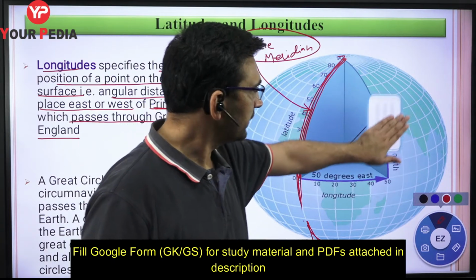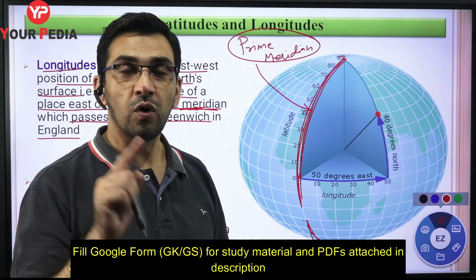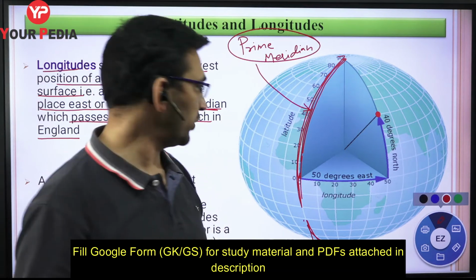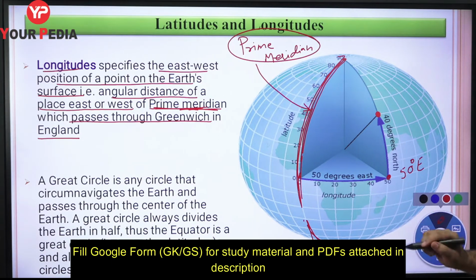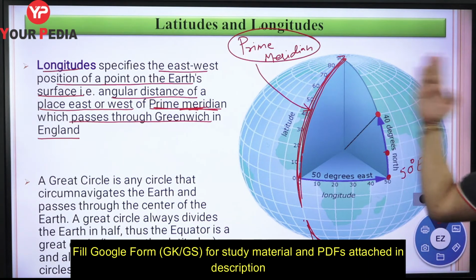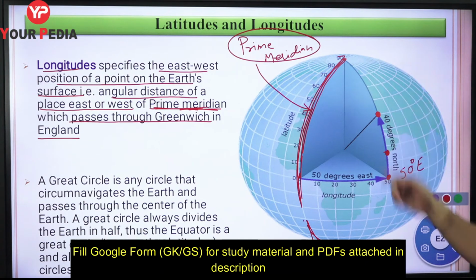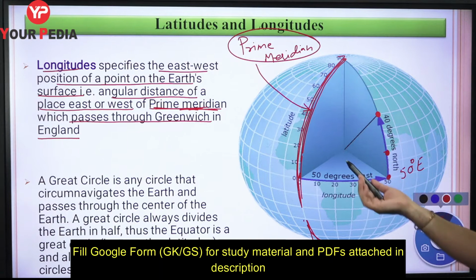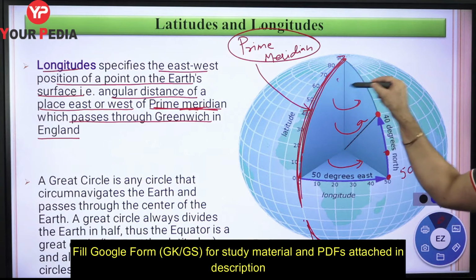Now, like we did for latitude, you could have n number of points on the same longitude. If you say this is 50 degree east, this point is 50 degree east. This is a longitudinal position. If I ask you, what about this point? It is the same plane, isn't it? If I cut straight up to the center axis, all these points have the same angle.